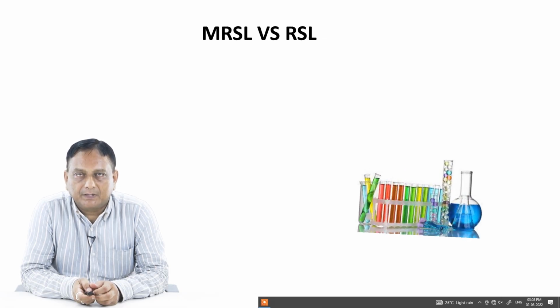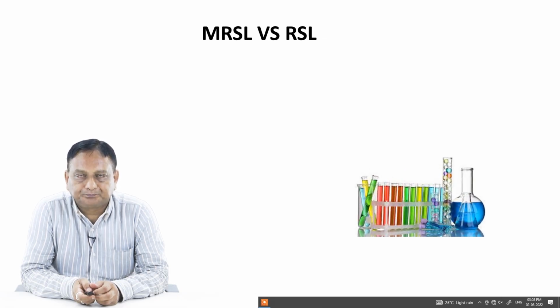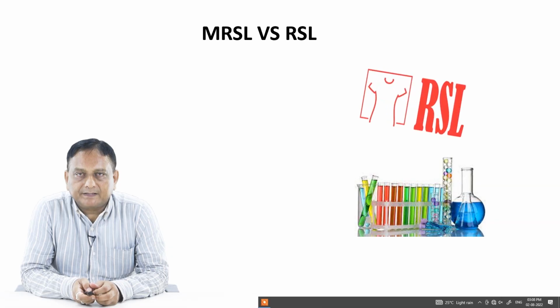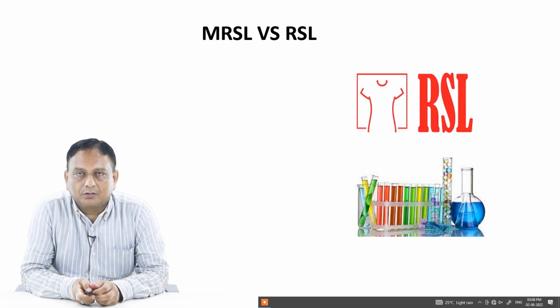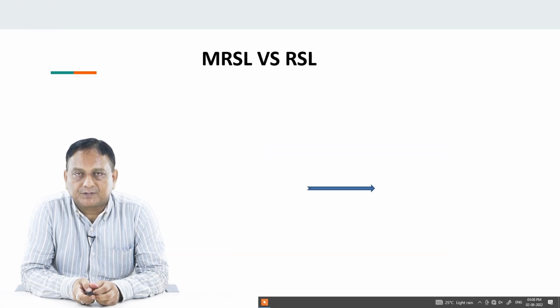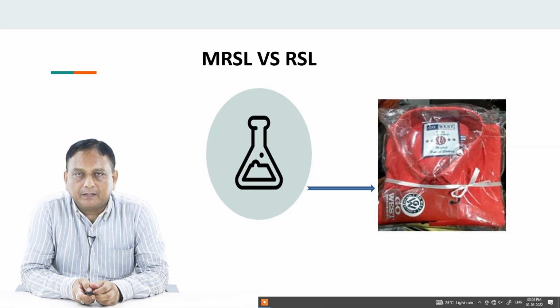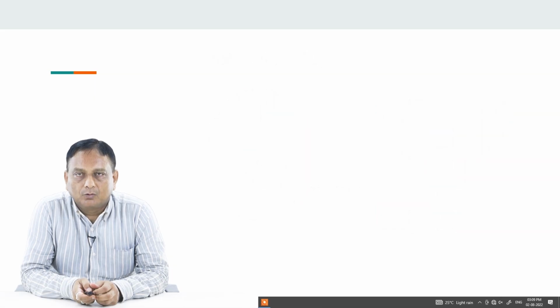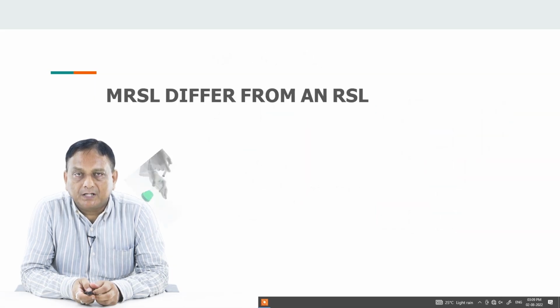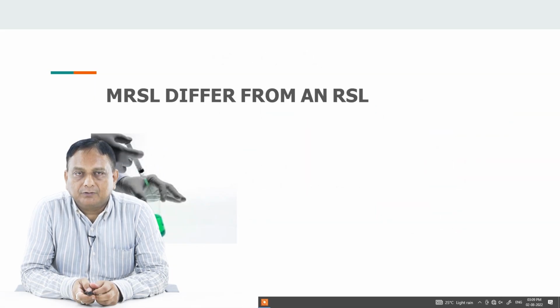What is the difference between MRSL and RSL? Let us see. In RSL, we talk about the finished apparel. So after finishing we determine the restricted substances, and in the case of MRSL we talk not only about the finished product but also the process, and what unintentional contamination is there, so that we determine it in the chemicals.